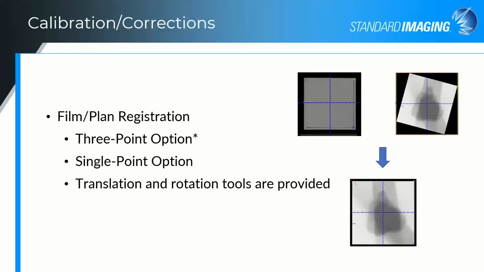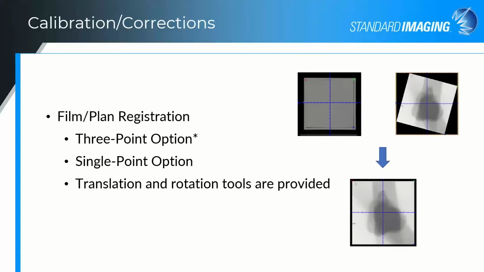Registration is the next step. You can use a couple of different methods to do the film plan registration. There's a unique method that's a 3-point option. In this method, one contours reference points into the plan.